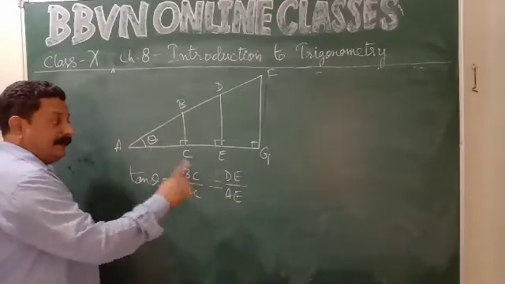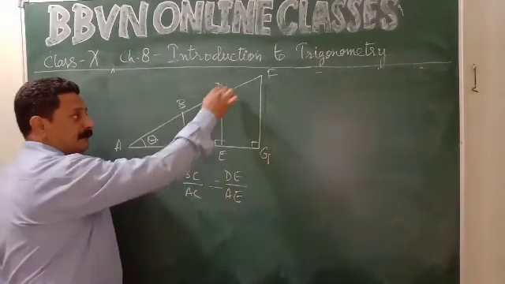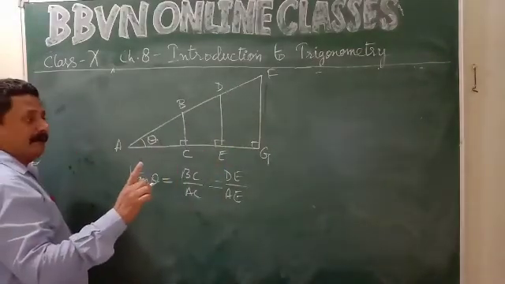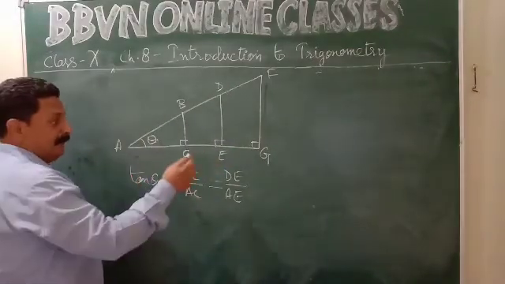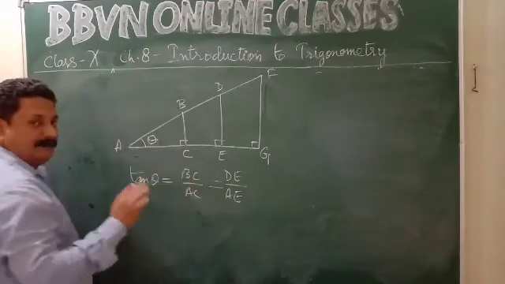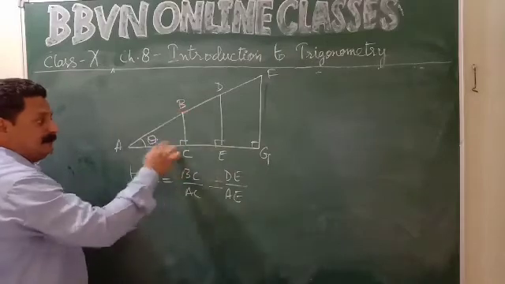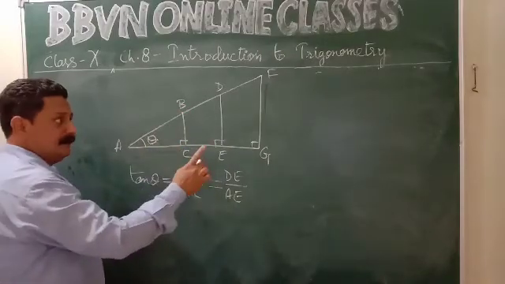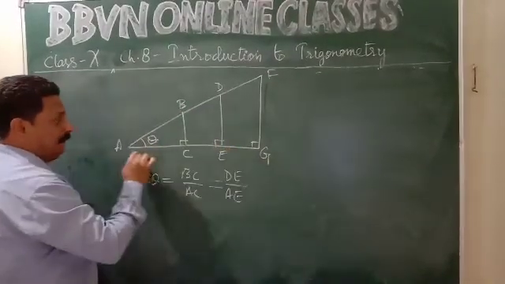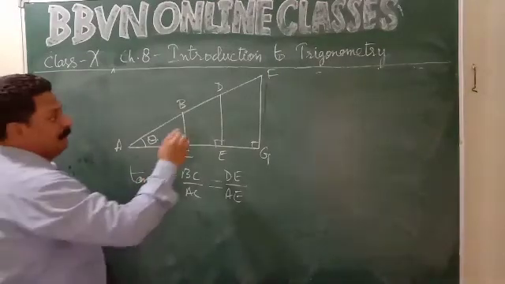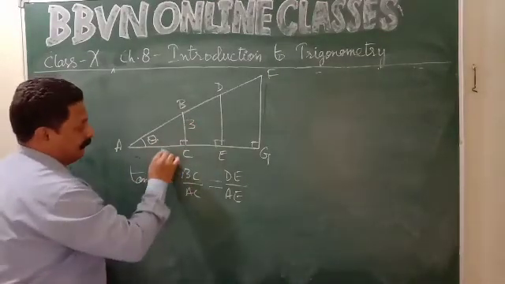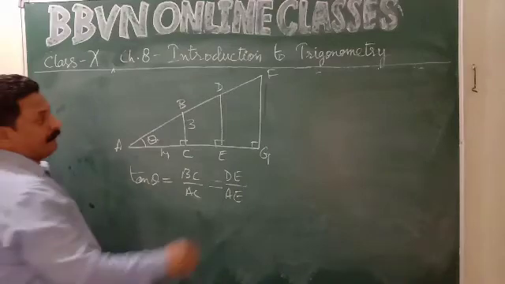It means they are equal. So this equality does not mean that BC equals DE. No, it does not mean that. It does not mean AE equals AC. No. But this says the ratio BC upon AC is equal to the ratio DE upon AE. For example, say this is 3 centimeters and this is 4 centimeters.